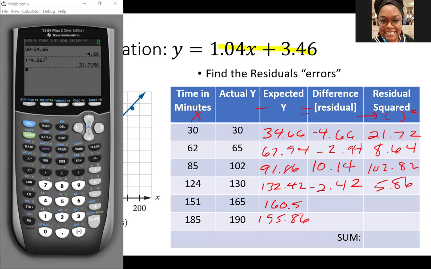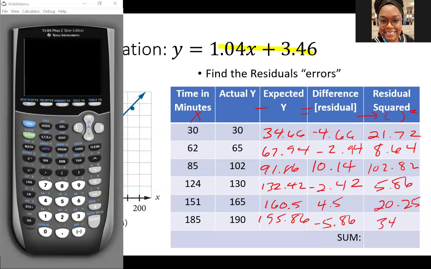And then, and what was the square? 20 point what? And then, and 34 point.